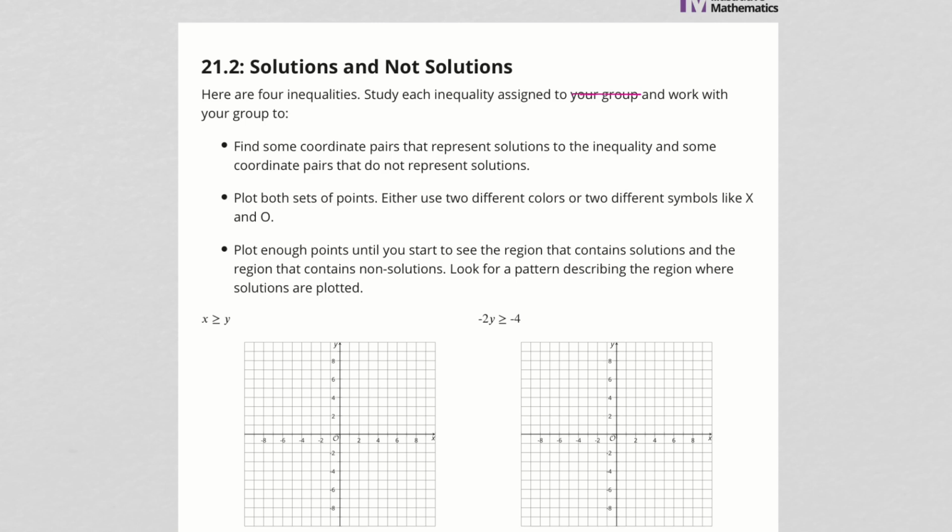Plot both sets of points, either use 2 different colors or 2 different symbols like X's and zeros. It'd probably be better if you guys use different colors, but I don't think I have my colored pencils out in my classroom. If you guys have different colors, do that. Like if you have your own different pens or pencils.